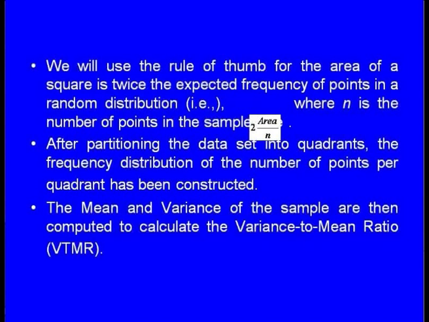After partitioning the data set into quadrants, the frequency distribution of the number of points per quadrant has to be constructed. The mean and variance of the sample are then computed to calculate the variance to mean ratio, or in short VTMR. So, how do we now proceed with the interpretation?